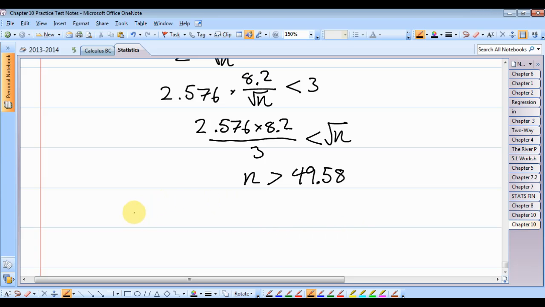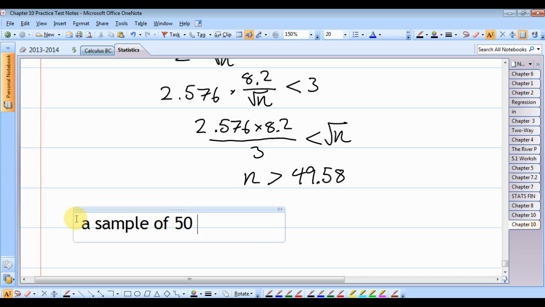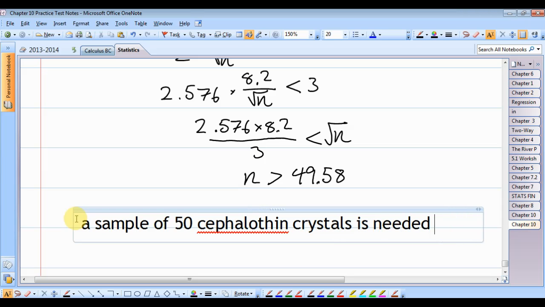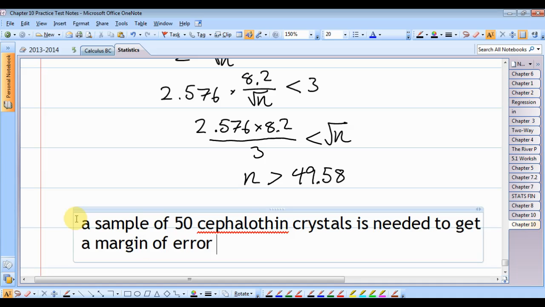Okay, so we would need a sample of 50 measurements. 50 of cephalothin crystals is needed to get a margin of error less than 3 units. No idea what the units are.